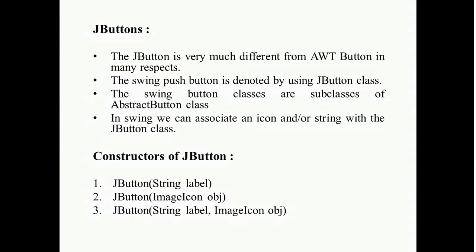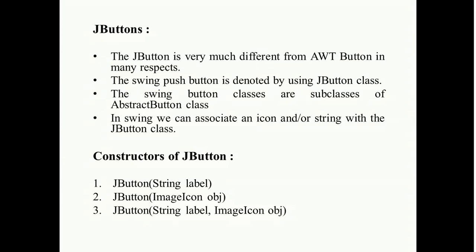The second constructor is JButton having parameter ImageIcon object. This constructor creates a button with the image associated with the button. The third constructor is JButton having two parameters, String label and ImageIcon object.